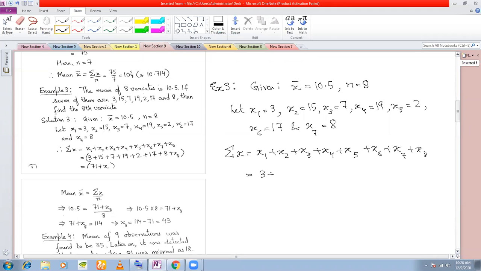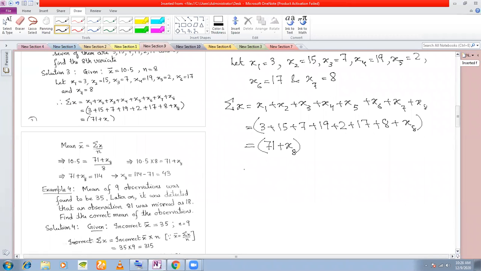So 3 plus 15 plus 7 plus 19 plus 2 plus 17 plus 8 plus x8. You add up the numbers, it comes to 71, and only x8 we don't know. The summation x we have got. n you know is 8. So we now use the formula for mean.